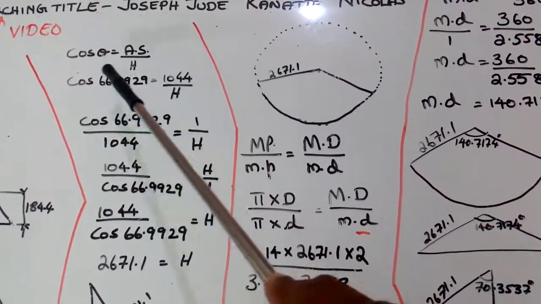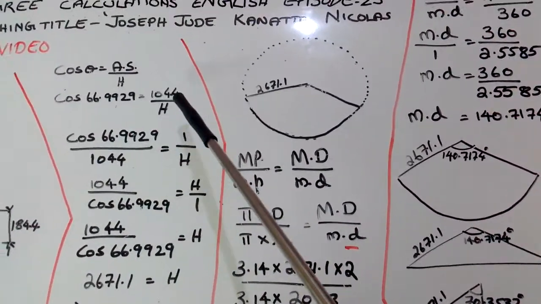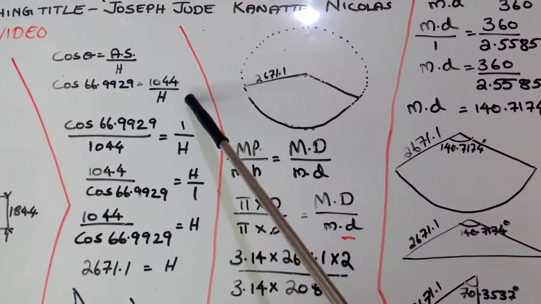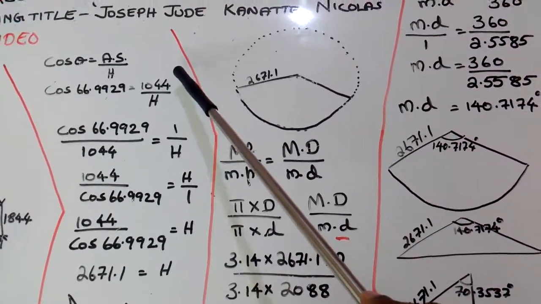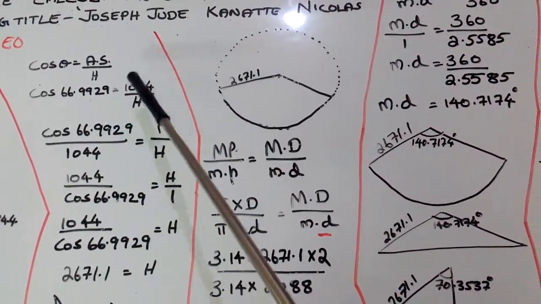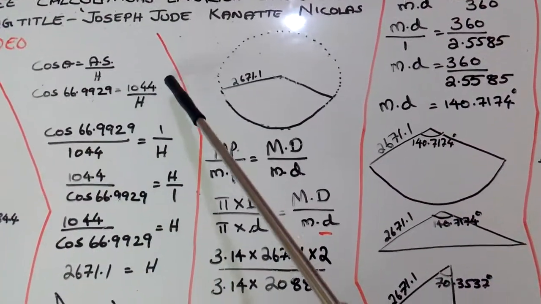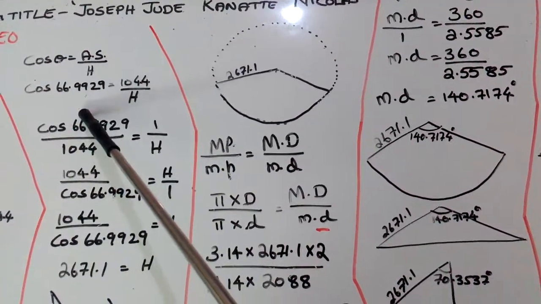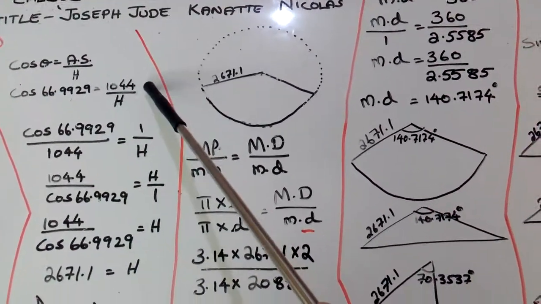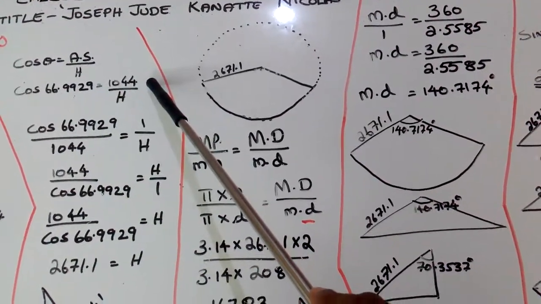With these measurements and this equation, we can find h, the hypotenuse. For that purpose, we have to take 1044 to the left side of the equals sign. When we take it to the other side, if it has been multiplied here, it will be divided there. If it has been divided here, it will be multiplied there. If it has been added here, it will be subtracted there, and if subtracted, it will be added.